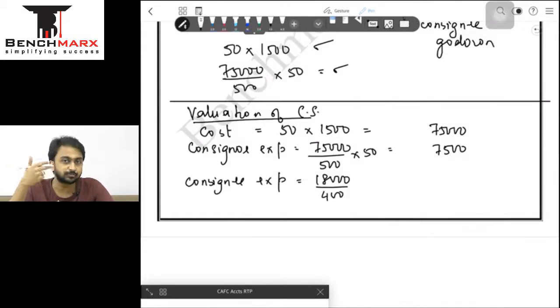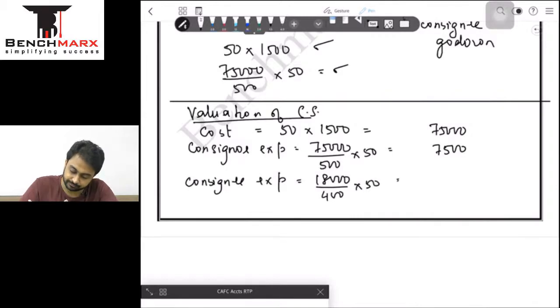So he cannot spend an amount for the goods which are already in transit. So this 18,000 was spent on 400. What is the value of 50? So 18,000 divided by 400, the whole into 50 appears to be 2250.